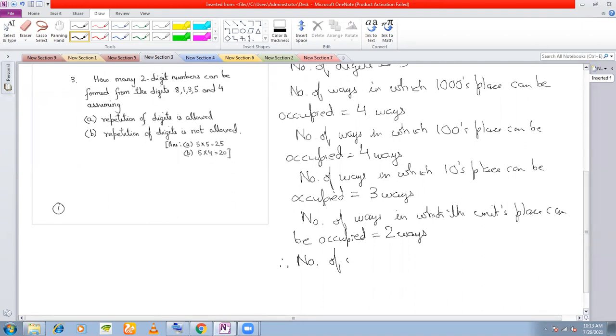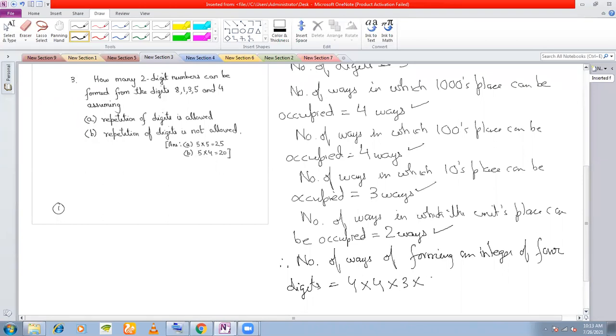So in how many ways can you form the integer? Therefore, number of ways of forming an integer of 4 digits is equal to 4 ways into 4 ways into 3 ways into 2 ways.